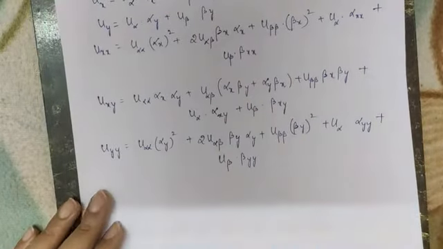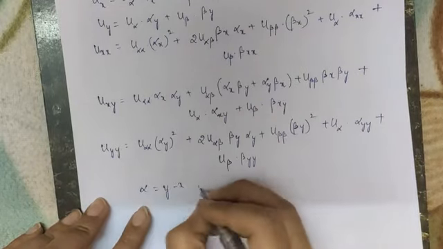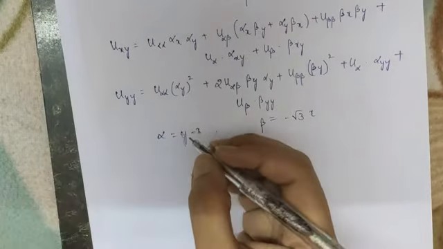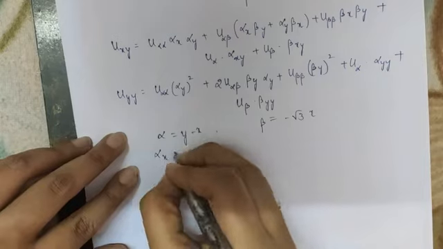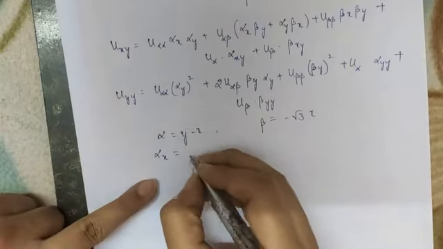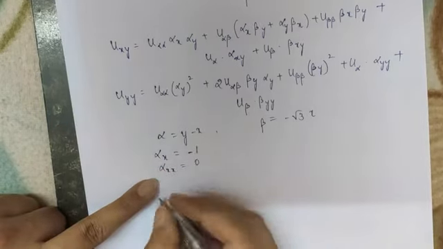From the new coordinates we have alpha equal to y minus x and beta equal to minus root 3x. So from this, what all do I have to find out? First I should know alpha x. If I differentiate this with respect to x, I will get minus 1. Alpha xx is 0.